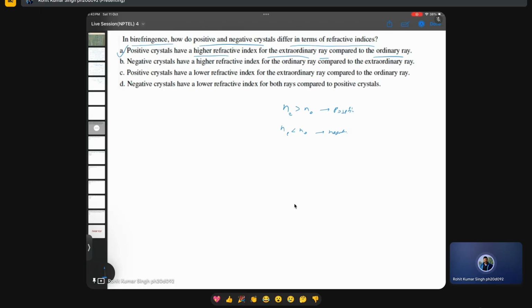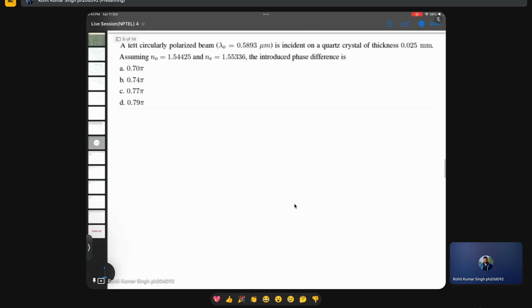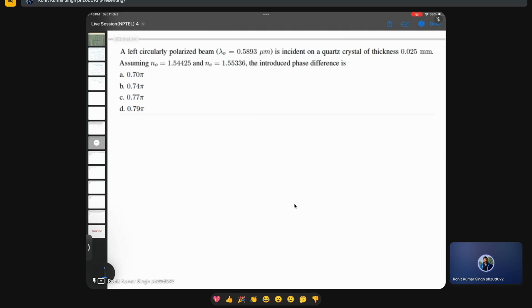Then we can go to the next. A left circularly polarized beam, wavelength given, is incident on a quartz crystal of given thickness. Assuming NO and NE, the introduced phase difference is. This is very simple. What is the formula for phase difference?